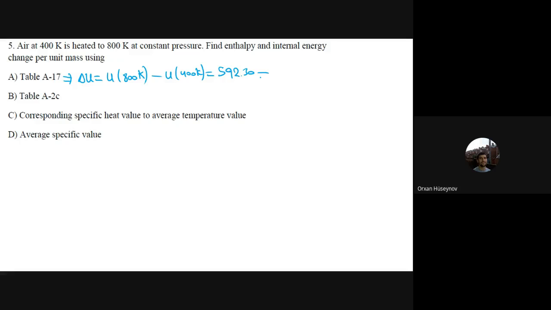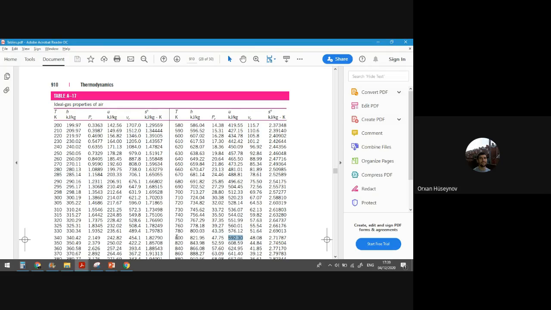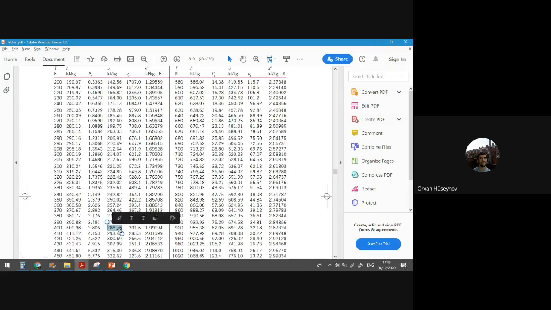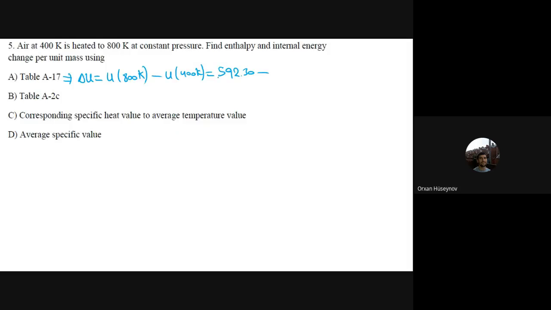You can see this is 800 Kelvin, and this is the U value. And the U for 400 Kelvin is 286.16.